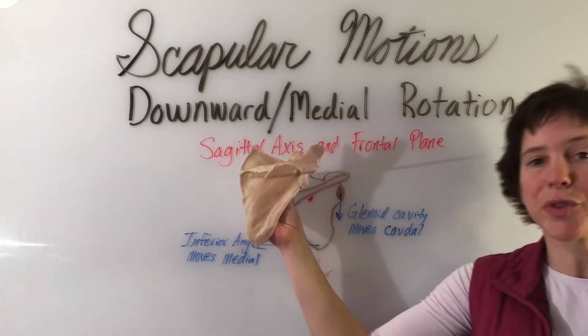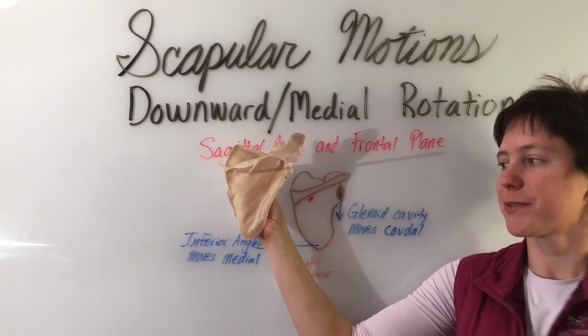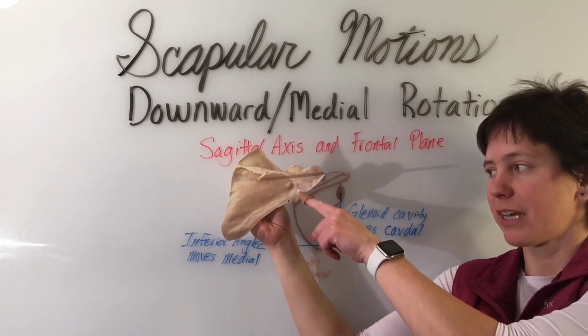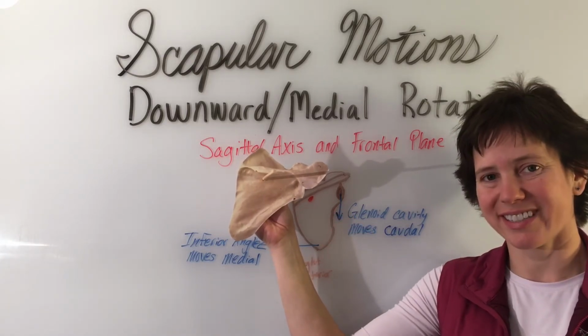So once again, the downward or medial rotation of the scapula involves the inferior angle moving medially and the glenoid cavity moving caudally along the sagittal axis.